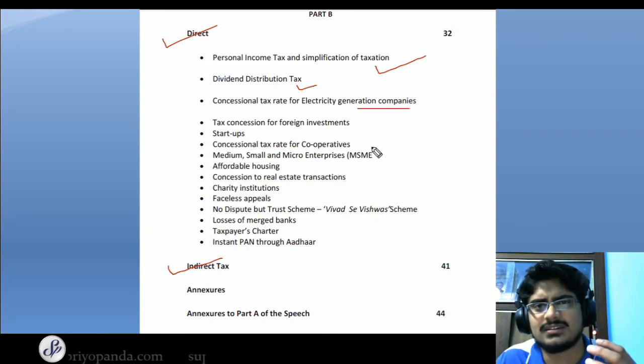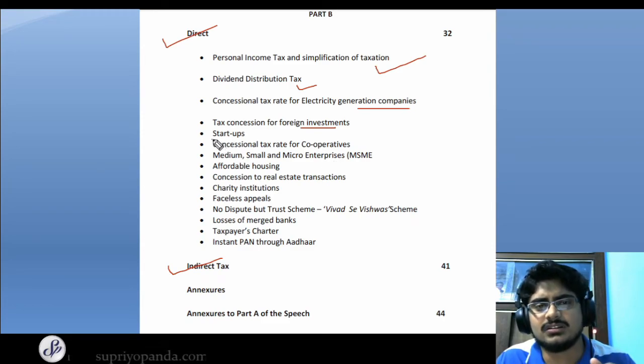As you know that the power generation companies and even the power distribution companies are having a lot of hard times, and the sector is actually performing very badly. So there were some SOPs announced for that sector. Then we have tax concessions for foreign investments, and the foreign investments, for them to take off, they need certain kind of concessions on their taxation, and that has exactly been laid out in this budget.